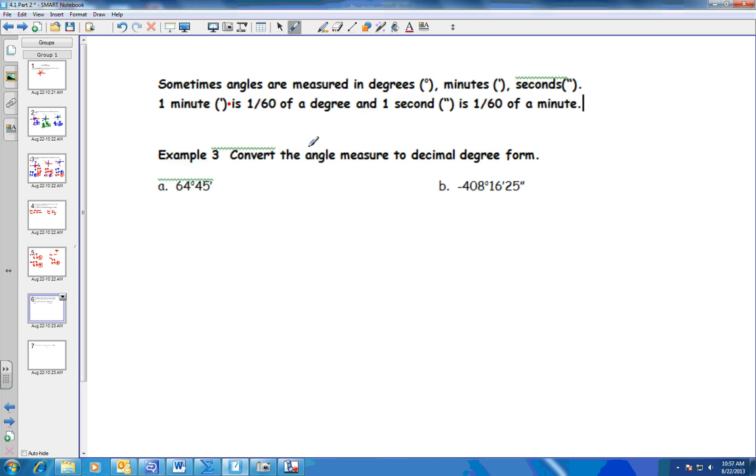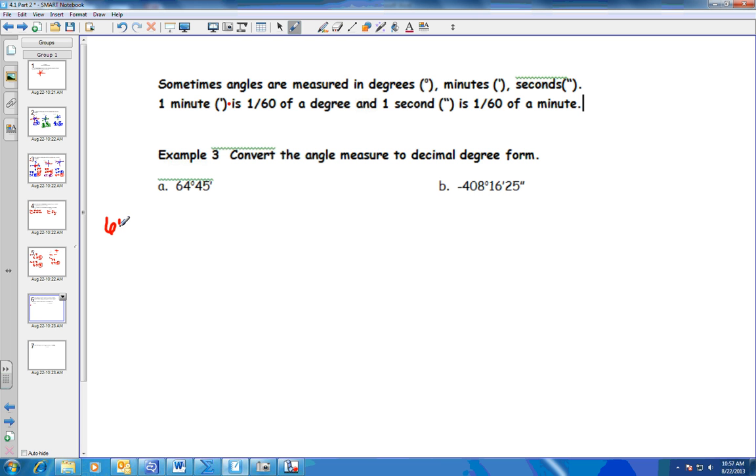They want us to convert the angle measure to decimal degree form. That means instead of reading 64 degrees 45 minutes, they want to know what it would be as a decimal. You'll need a calculator for this, but I want to see the work written out.